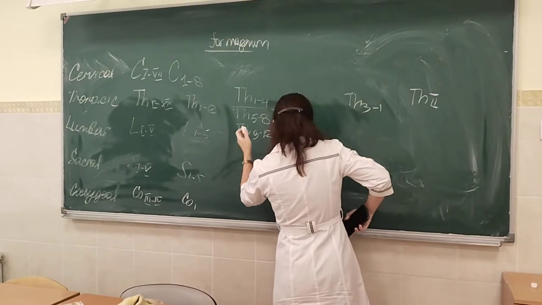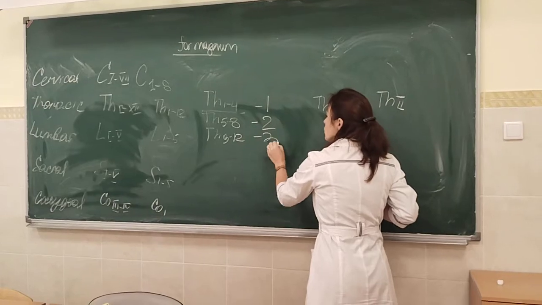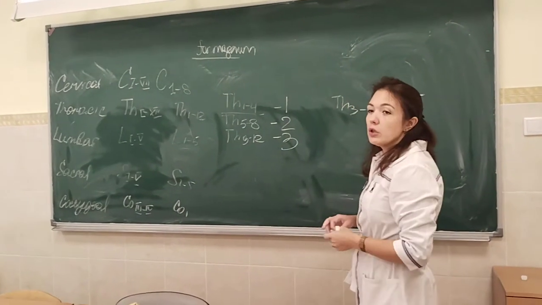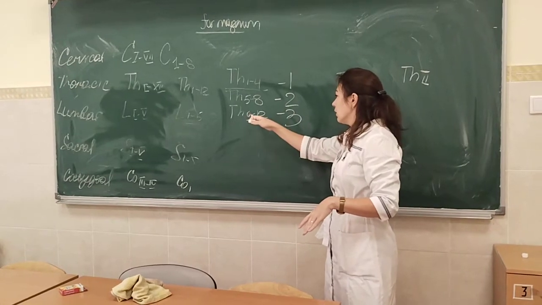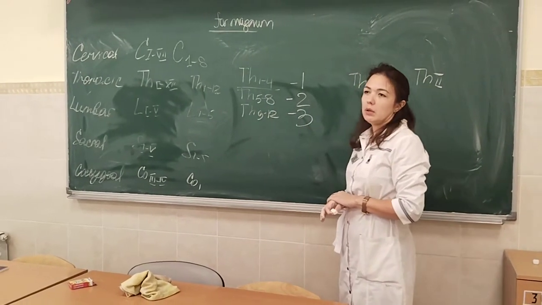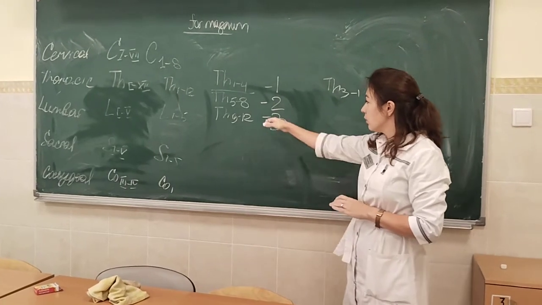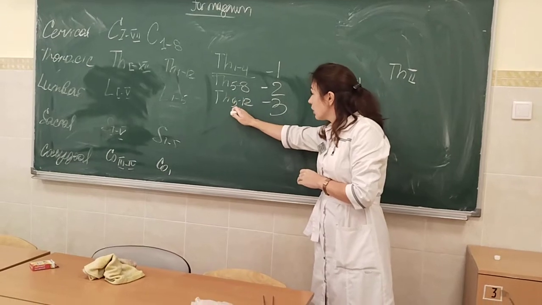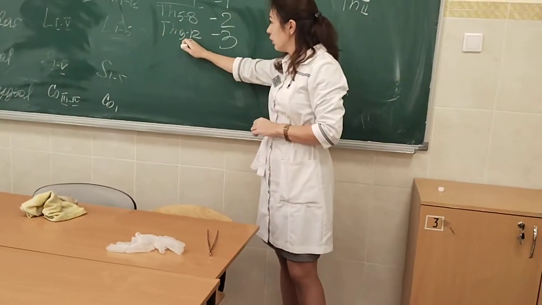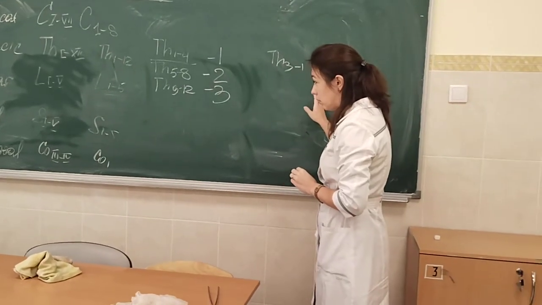And to identify the location of the lower thoracic segments of the spinal cord, we should deduct 3. So at which level is the 9th thoracic segment located? At the level of TH6, yes. And the 12th? At TH9. So the last thoracic segment of the spinal cord is located at the level of the 9th thoracic vertebra.